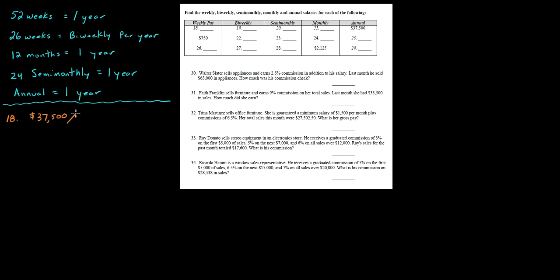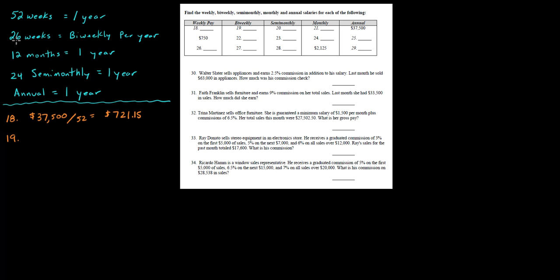So I would divide my yearly amount by 52, and that would give me my pay per week, which would be $721.15.